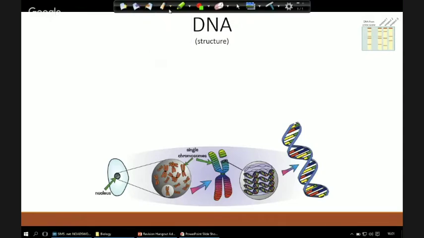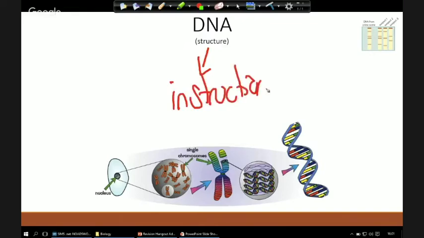So the very first part to this session is DNA and the structure within. Specifically for DNA, well, DNA is our instruction for life. It's the information which tells an organism what to become, how to grow, what features to have.